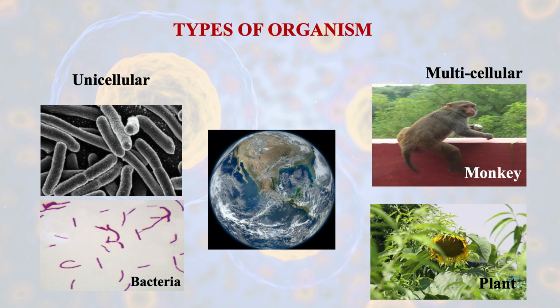Multicellular organisms consist of more than one cell, such as monkeys, plants, and humans, which consist of millions of cells. The structure of unicellular and multicellular organisms varies, so let us understand what a cell is.